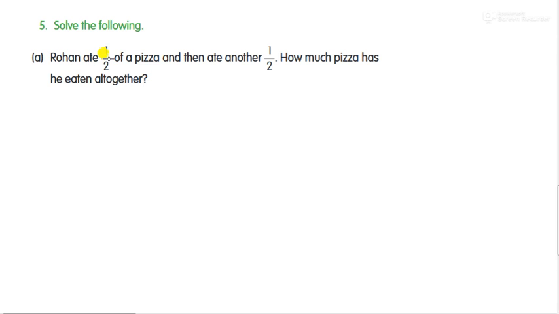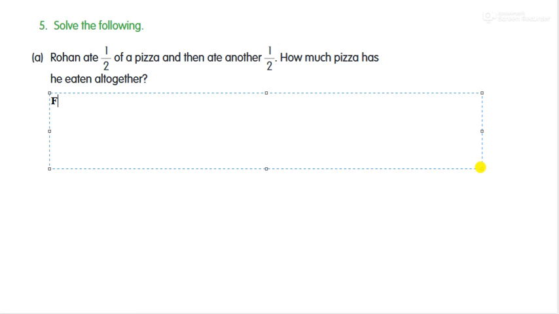Here Rohan ate 1/2 of a pizza and then ate another 1/2. How much pizza has he eaten altogether? Here fractions of pizza Rohan ate equals 1 by 2.